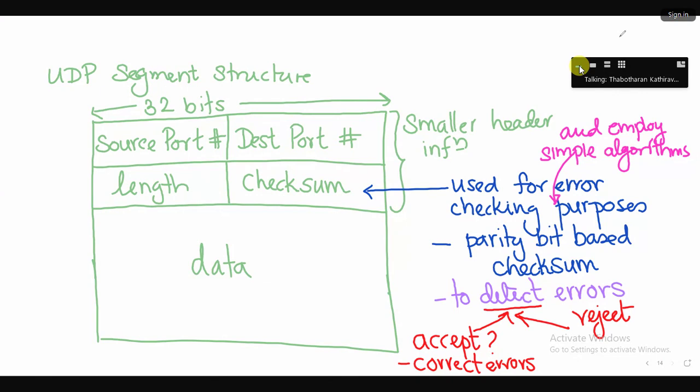But here, in addition to the network layer protocol, UDP is also trying to implement some small set of error checking algorithms.